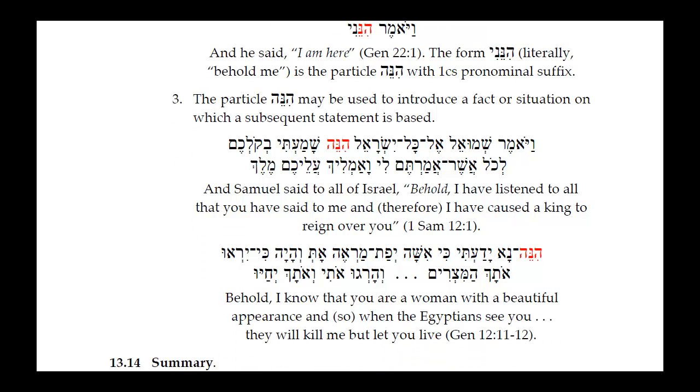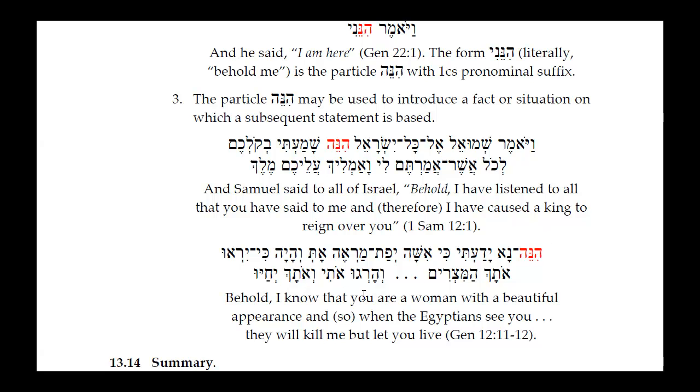The second example is hene na yadati ki isha yefat mar'eh at, vehaya ki yiru otach hamitsrim, vehargu oti ve'otach yechayu.